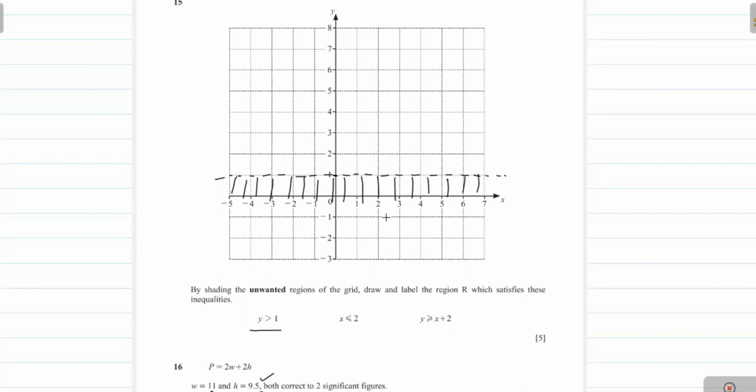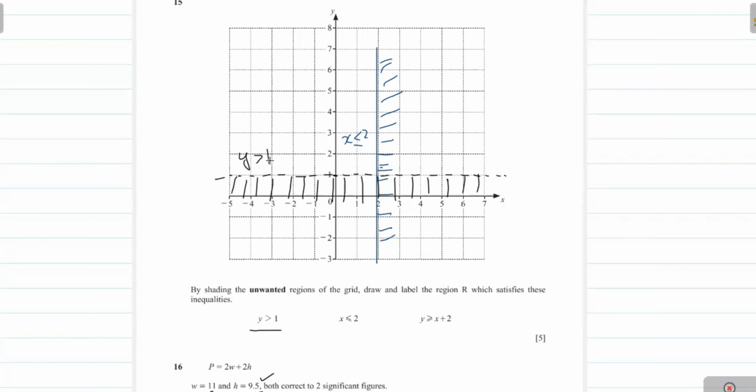The unwanted region will be the right side, because the region is x less than or equal to 2. This is the region, and this region y is greater than 1, upward region, and this left side is x less than or equal to 2.